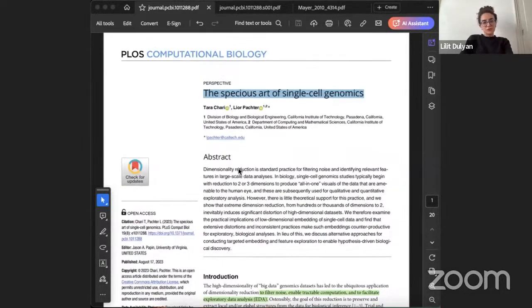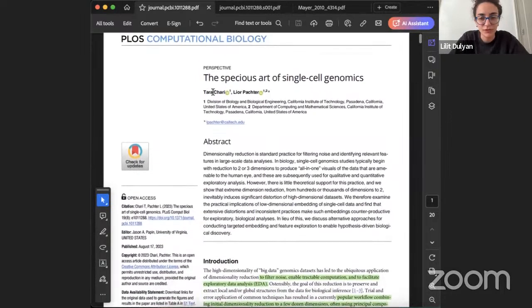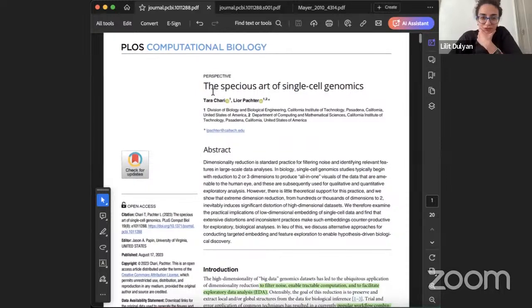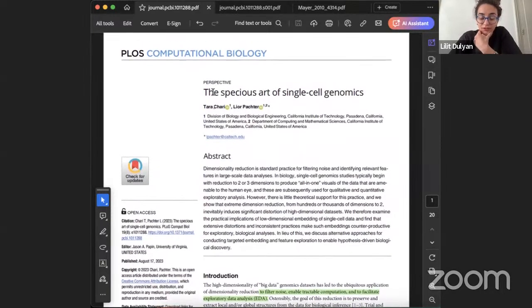So yeah, today I want to discuss with you this paper called The Spacious Art of Single-Cell Genomics, published in PLOS Computational Biology last year. As you can imagine, this is quite not my topic, so it was a bit difficult to understand, but how did I end up here, you might ask.